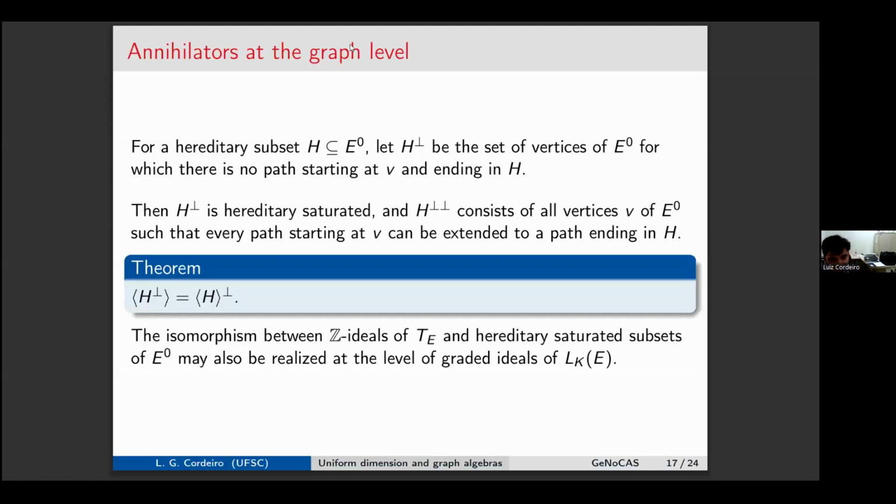And so, in particular, we can also classify the hereditary saturated subsets which correspond to the regular ideals of the talented monoids. They are precisely the hereditary saturated subsets which coincide with their double perp, which is described right here.